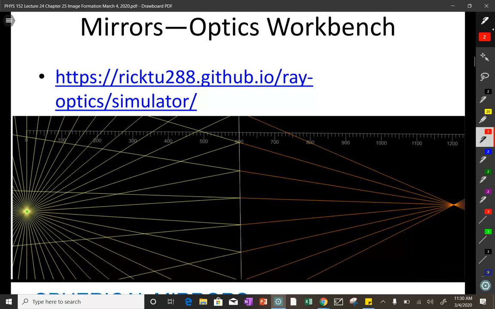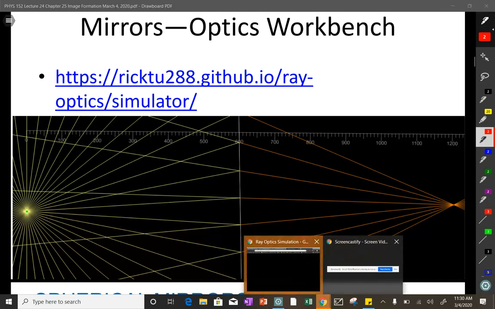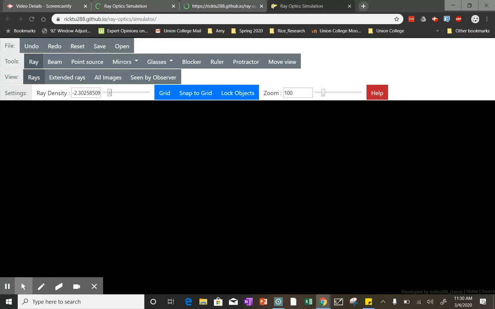I will go ahead and go to this. Don't think I can just click on it. But, well, no, apparently I can. So here is the simulator, and it allows you to do all kinds of optic things. So I'm going to put a beam on there.